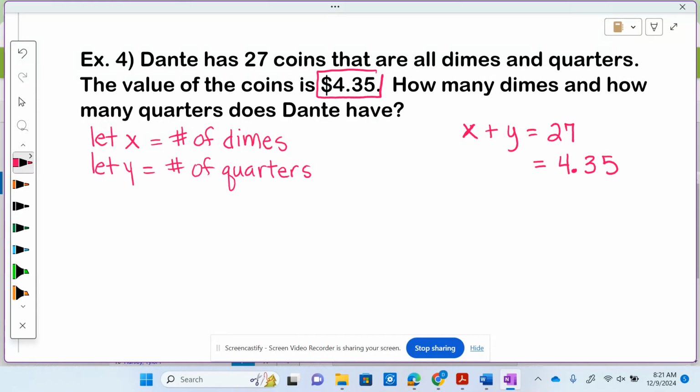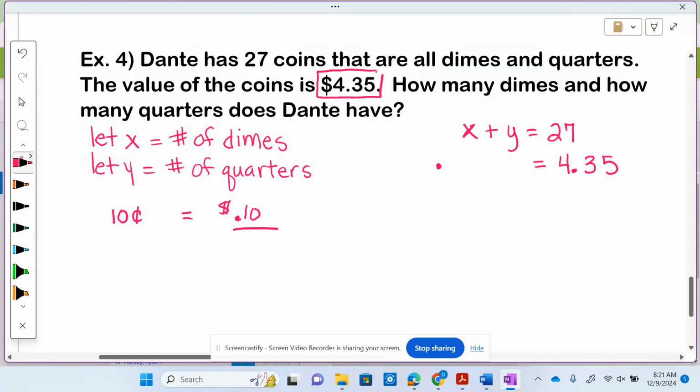Okay, but that's in pennies. 10 pennies and I need it to be in dollars. How do I show that 10 cents equals some kind of dollar? How do you show 10 cents in terms of a dollar? So 0.10, isn't that how 10 cents looks like on a receipt?